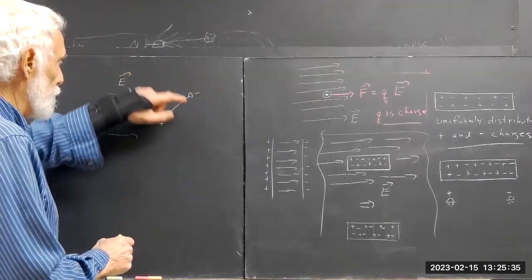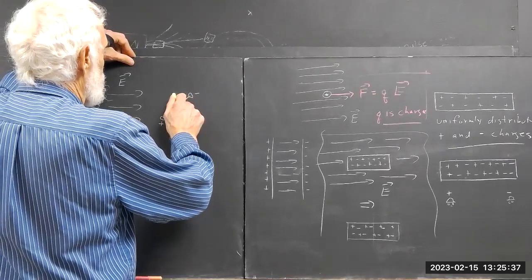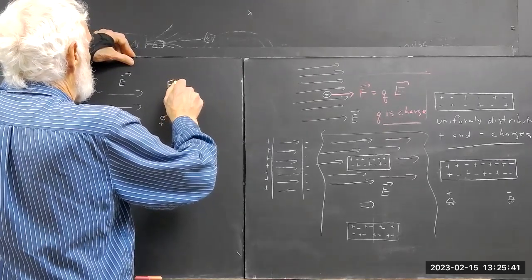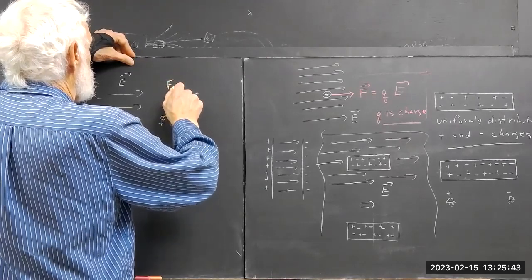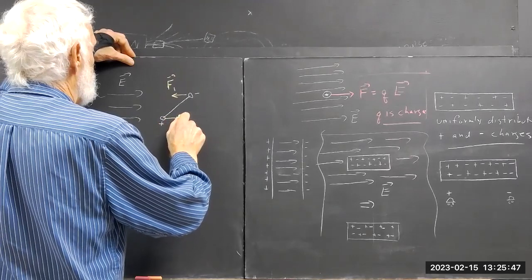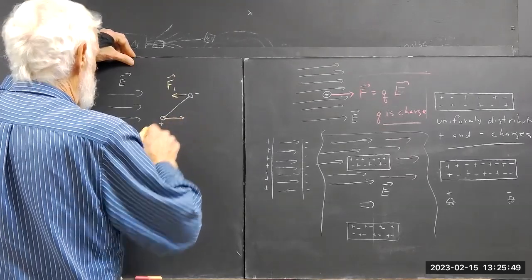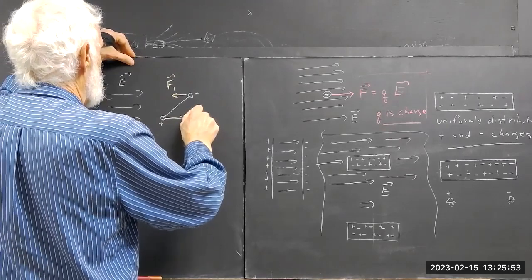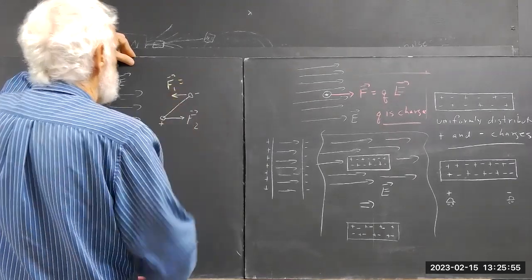You have an electric field like this, it's going to attract, so it's going to pull the negative charge this way. Pull that up one. Pull this up two.